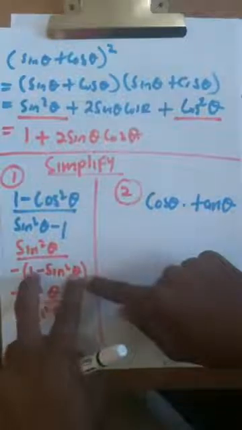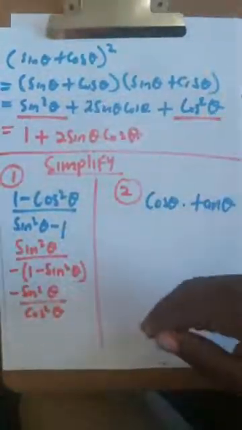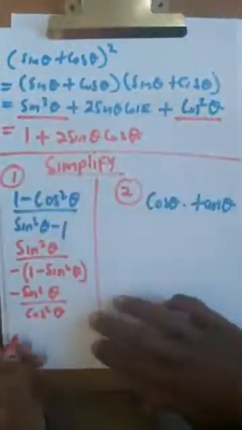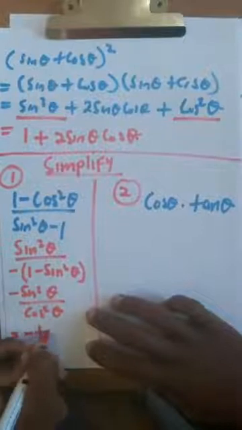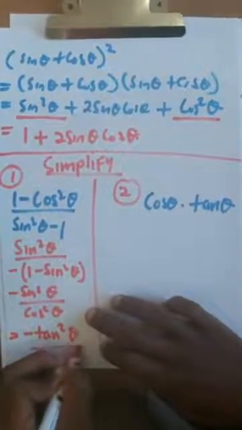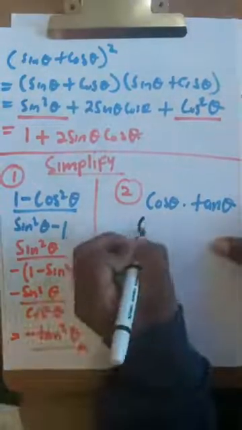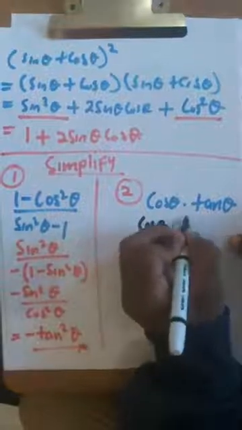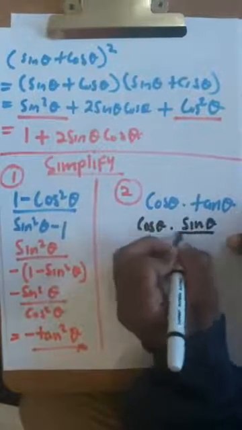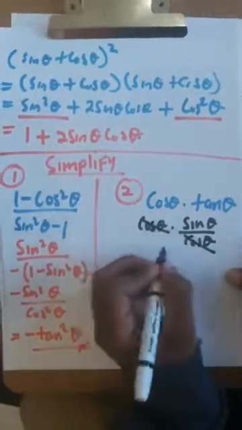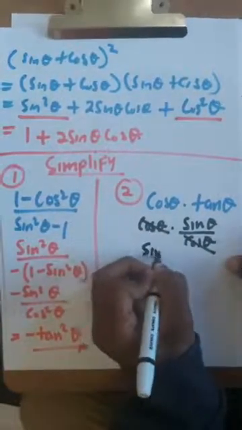These trig identities are very important, guys. Then we have minus tan square of theta. This one is going to be my final answer. Then cos theta multiplied by sin theta over cos theta, that's tan. This and this cancel, then we are left with sine of theta.